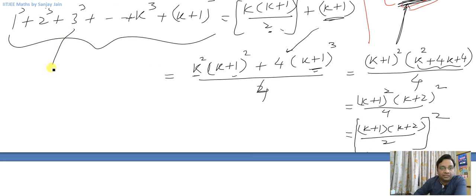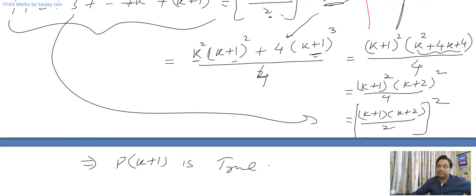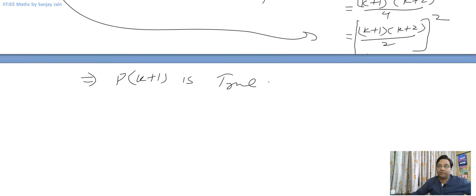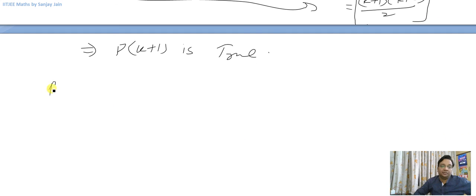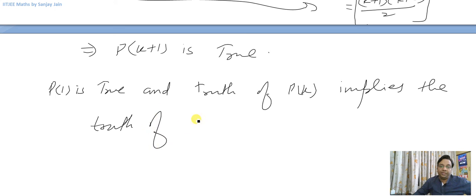So if this is equal to this, then I can say that P of k plus 1 is true, right? And then the statement that you write at the end of every question: P of 1 is true and truth of P of k implies the truth of P of k plus 1.